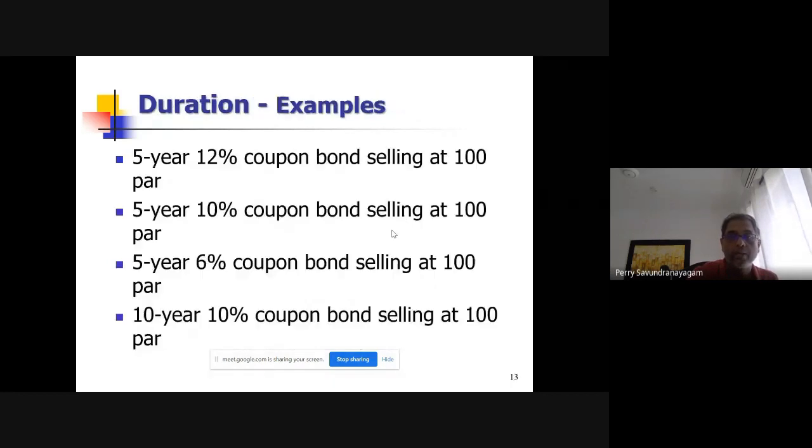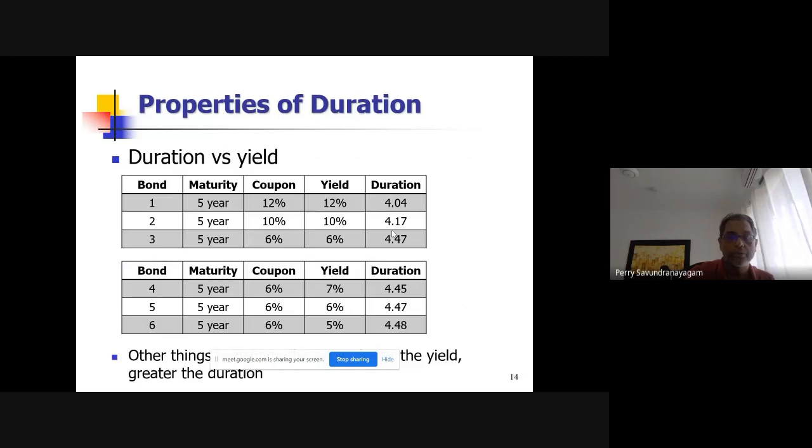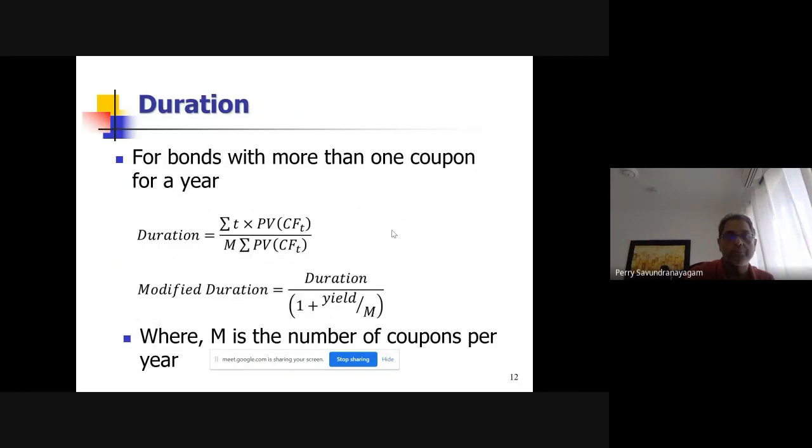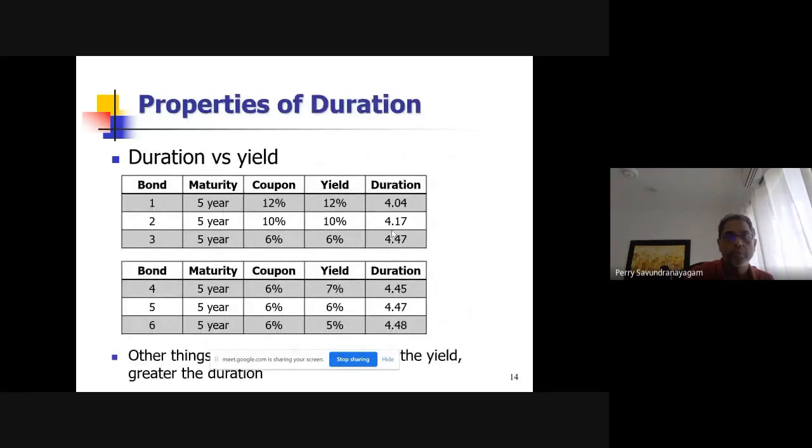Now, let's look at a few scenarios. Number 1: 5-year, 12% coupon, yield at 12%. 5-year coupon 10%, yield is also 10 because it's at par, and 6 and 6. Okay.